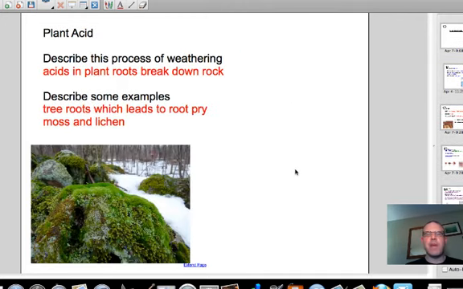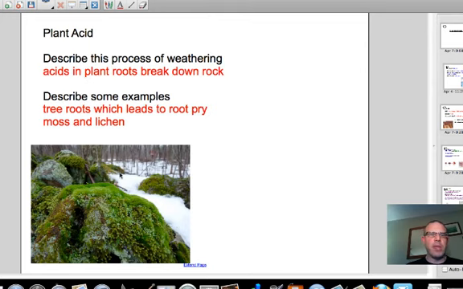And the last type of chemical activity we're going to talk about is plant acids. We talked about this a little bit earlier with the mechanical root pry. So what's happening is there are acids in the roots of plants, and those acids help to break down the rock, as we have previously said. That allows the roots to take hold.